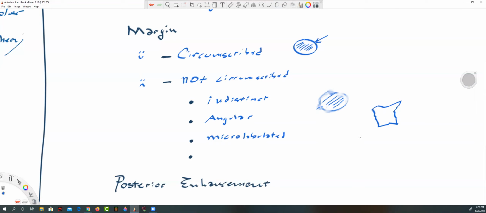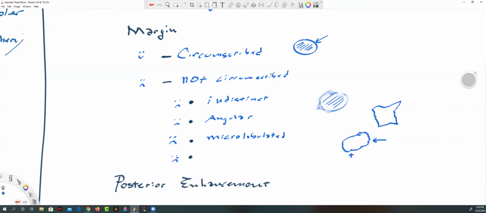Microlobulated means that it has these small lobulations. I might as well put sad faces all around here. What's the next one? Oh, that's a really sad one. That one's got a tear on it.